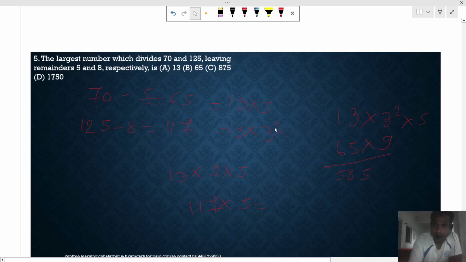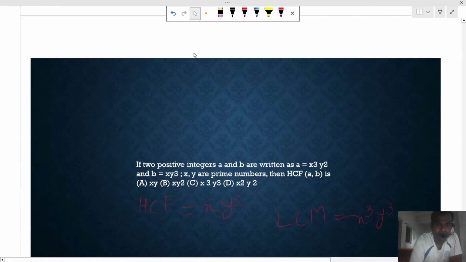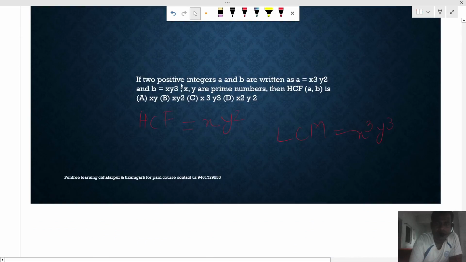Okay, 13 into 3 to the power 2 into 5, this will be 585. Okay, the answer will be 585. By mistake I took some other data. Okay, next, same story. LCM will be the highest power or HCF will be the lowest power, but that will be final.